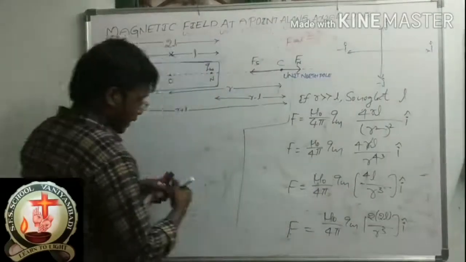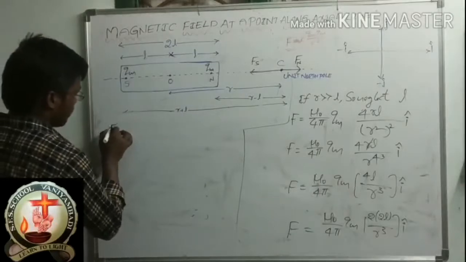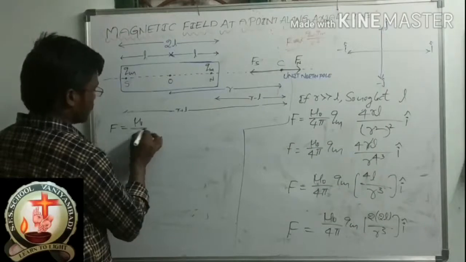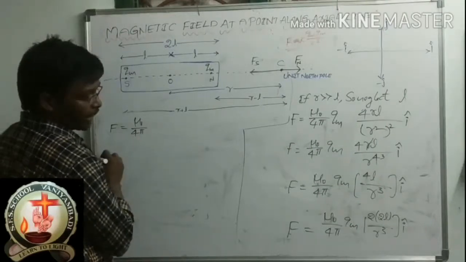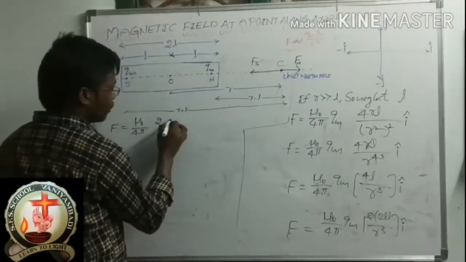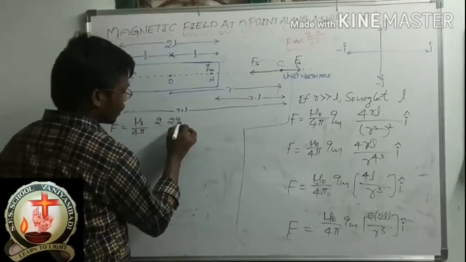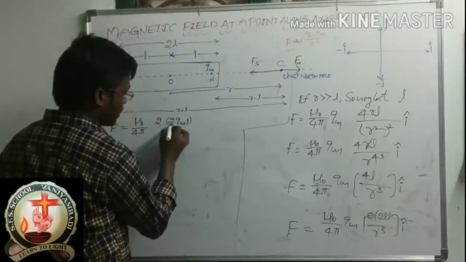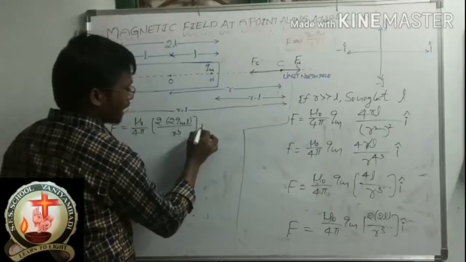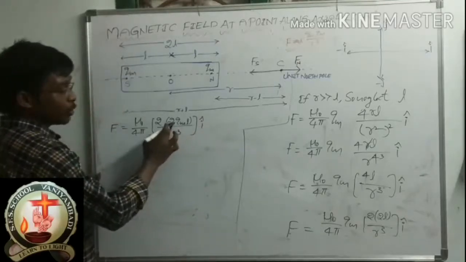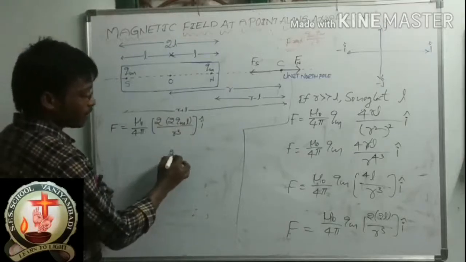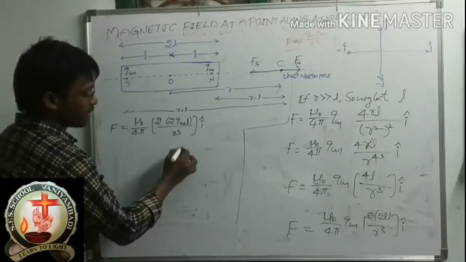Now see here. F is equal to mu naught by 4 pi. I am writing this qm inside. So 2 into 2 qm into L by r cube into i cap. So here 2q into L, what is this value? 2L into qm, what is this value?